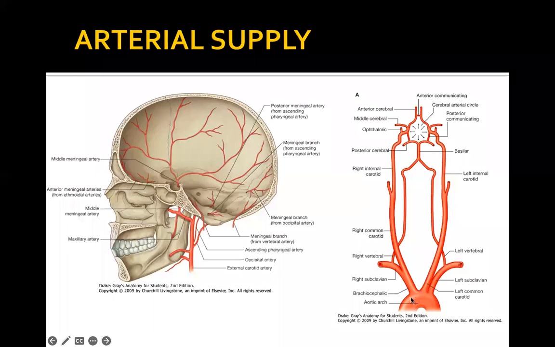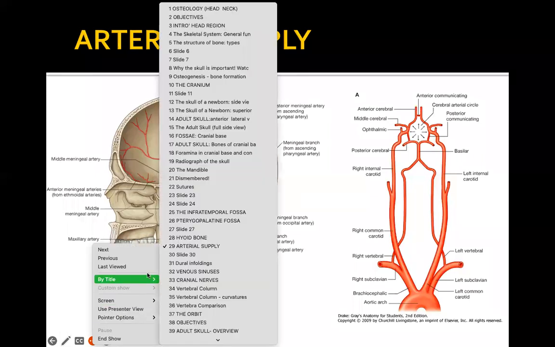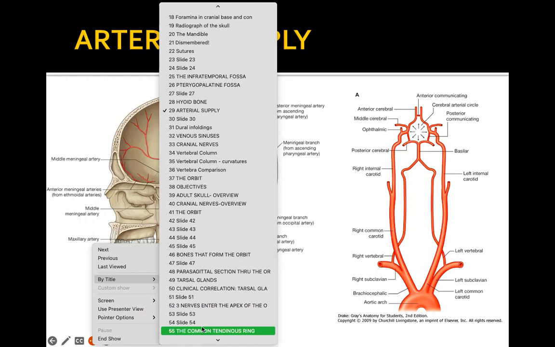Okay. It's the right one that starts as a brachiocephalic trunk before it now divides. Okay. Good. So it is this ophthalmic artery that will pass through the optic canal together with the optic nerve. Okay, so that is it. Okay, so let's see.